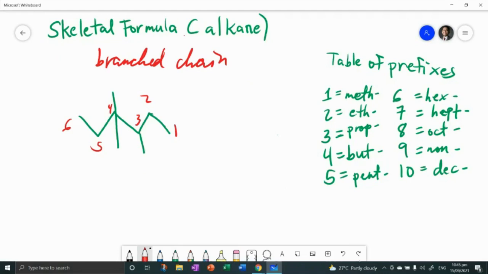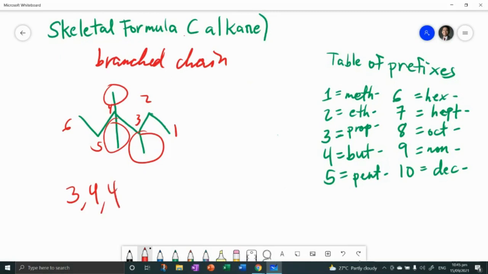Yung parent chain, nakita naman na natin and then nabilang ko na yung parent chain niya. And then suddenly, yung mga branches na present dito is meron tayong tatlong methyl group na nakita dito. And then, ang papangalanan natin sa kanya is 3, 4, 4, dito sa edges na ito.